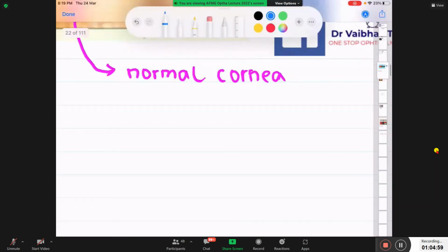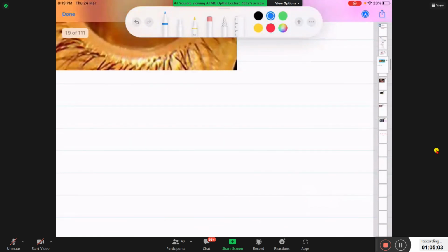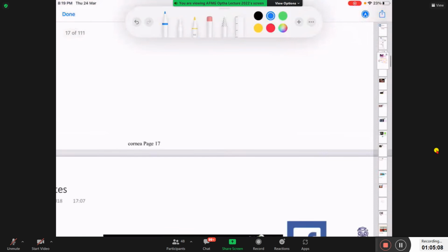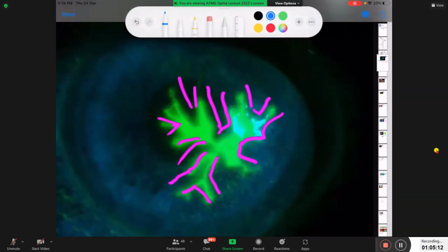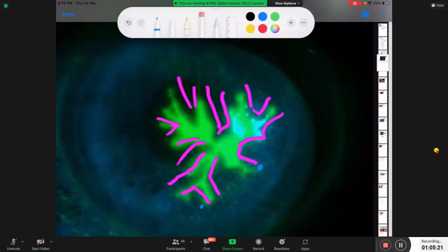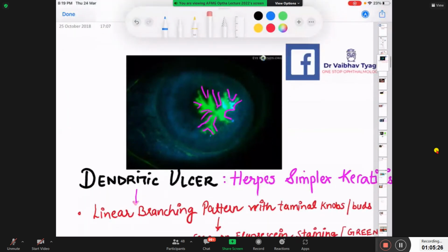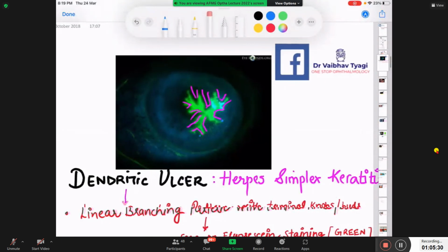Let's see the picture also, because they can come directly as an image-based question also. Can you see the linear branching pattern having terminal knobs and buds like this? These are called dendrites. Typical picture of dendritic ulcer seen in herpes simplex keratitis.